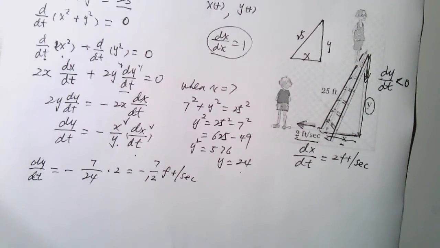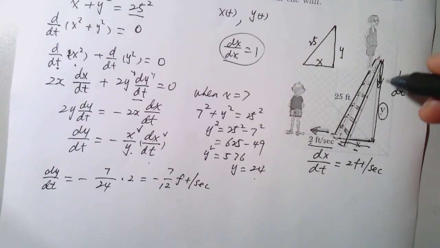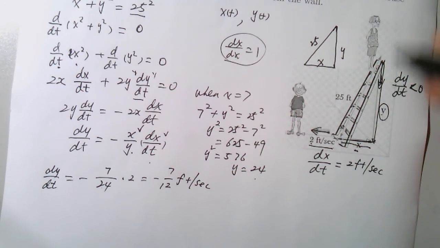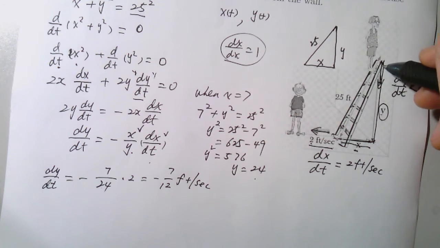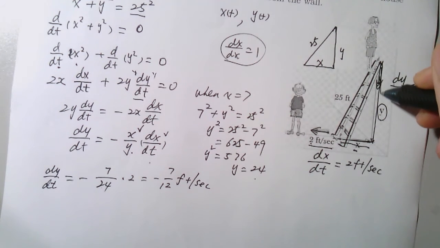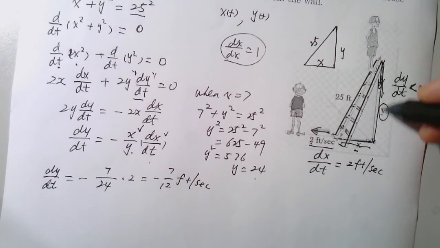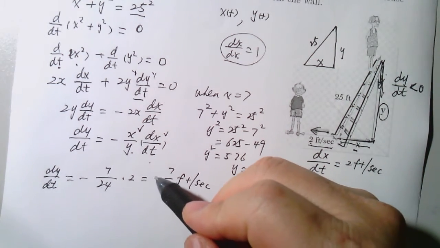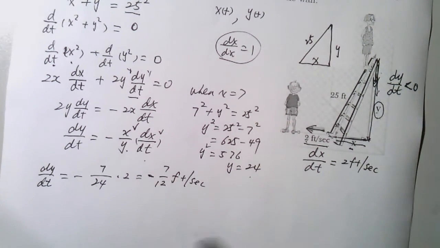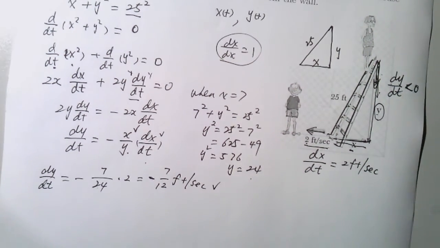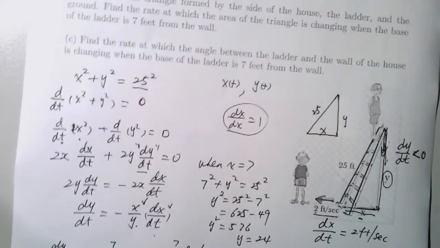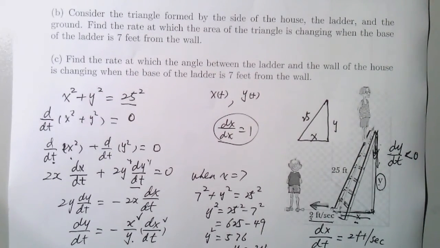Initially we said dy/dt should be negative. The negative does not mean it's not moving; it means moving downward, because the distance y is getting smaller. So that's as we expect, and that's the answer to the first question.